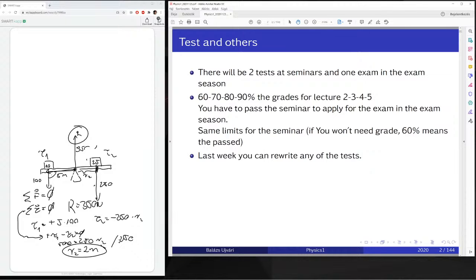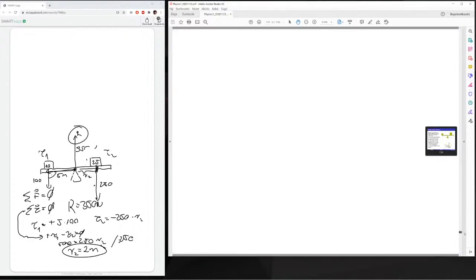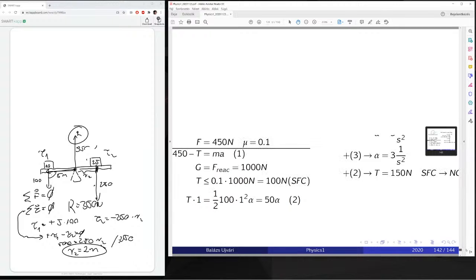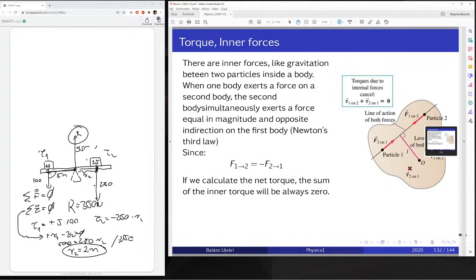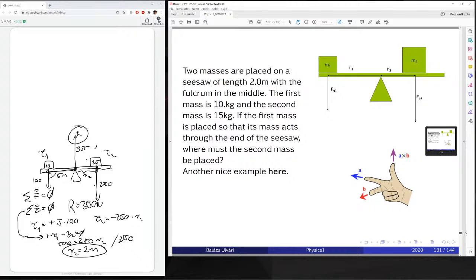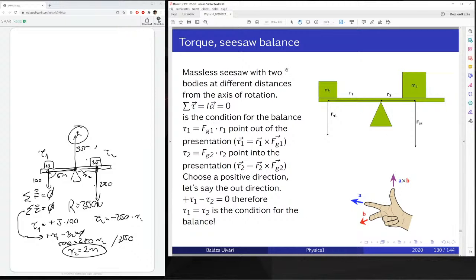Yes, it also complicates things. But if you go to my slides, it's here, but not with numbers, but with formulas.